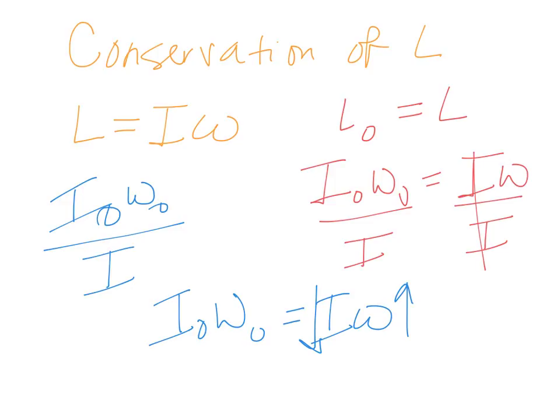Let's look at what would happen to the rotational kinetic energy. That's an interesting one. So rotational kinetic energy is going to be equal to 1/2 I omega squared, which is the rotational analog of all the things we've been talking about. And let's see what would happen if her moment of inertia reduced to half.